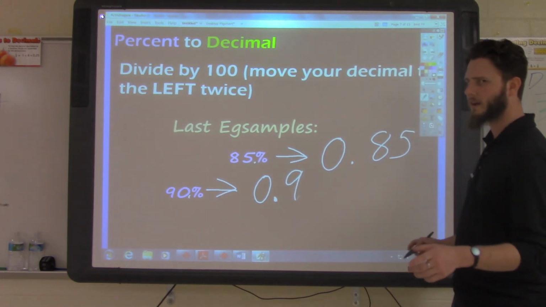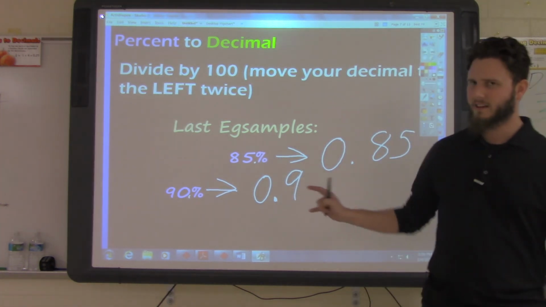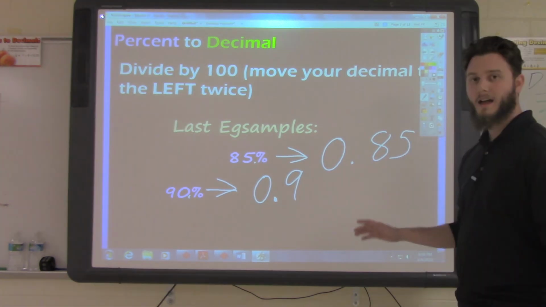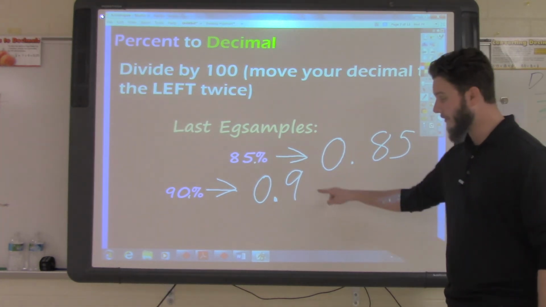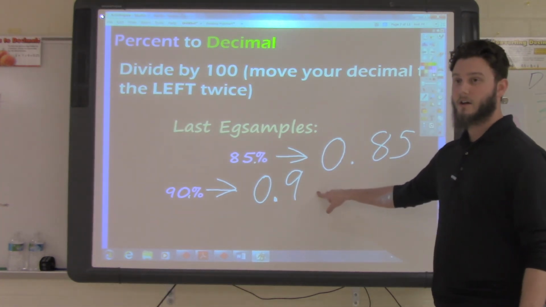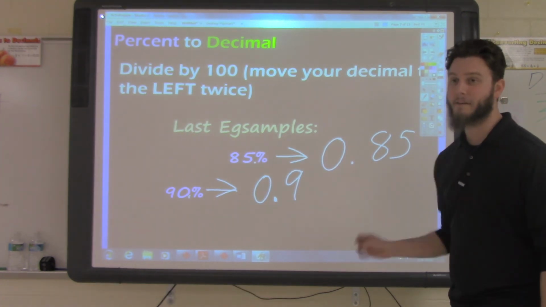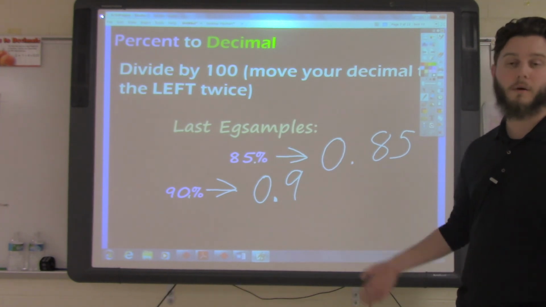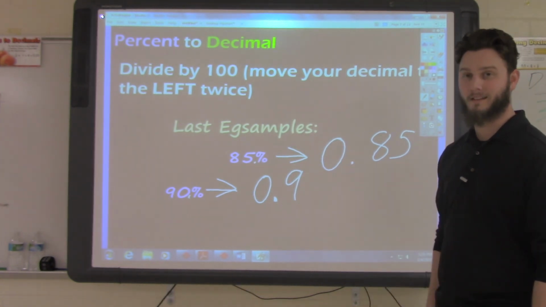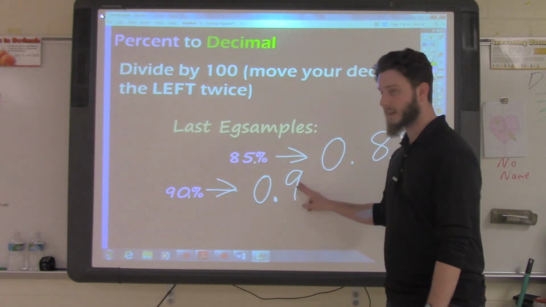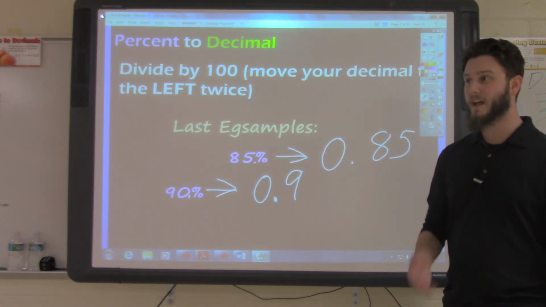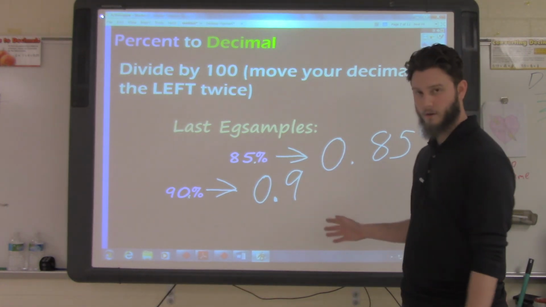Did you catch what I did? I didn't write the 0 after that 9. Any 0 that is to the far right side of a decimal, if there is no number coming after that 0, is useless. It does not need to be written. 0.9 is the same thing as 0.90.